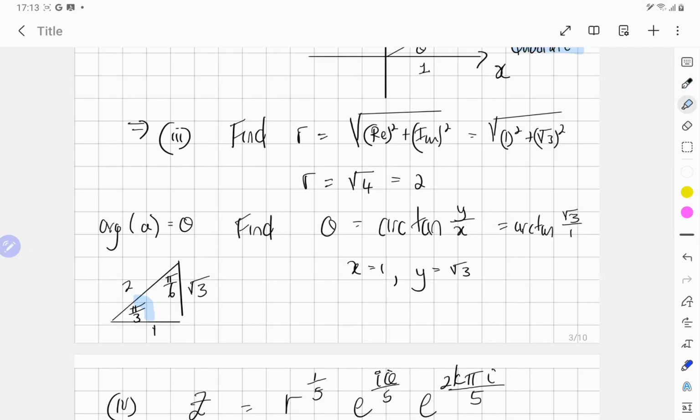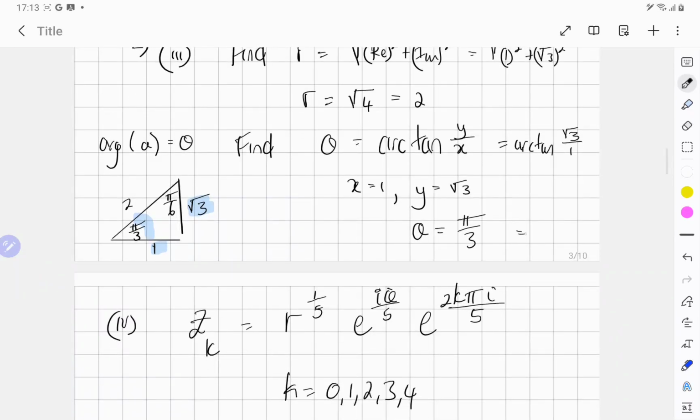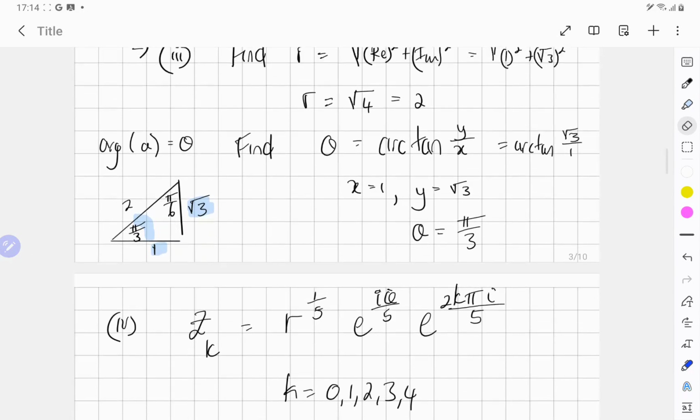So I'm not going to waste time with this. This is all first year work. So here I see theta is pi over 3. So just never mention the degrees. It's standard globally to use radians.